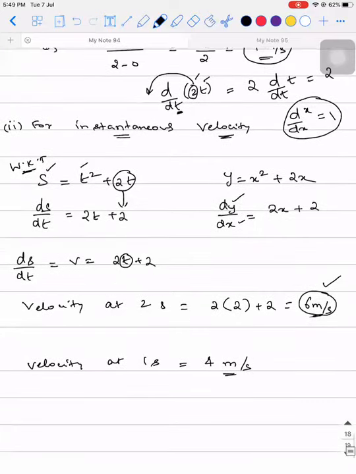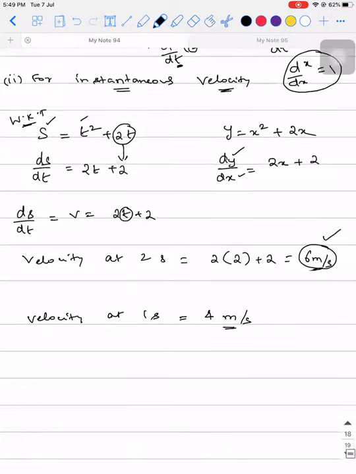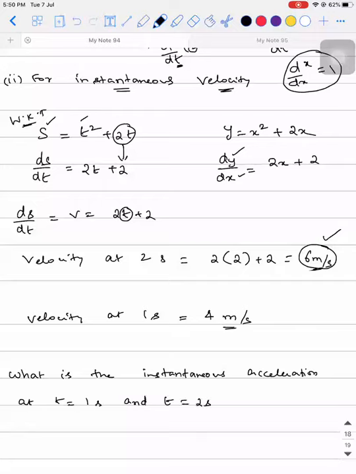Okay. So since you people have calculated the instantaneous velocity, can you try instantaneous acceleration? What is the instantaneous acceleration at t is equal to 1 second and t is equal to 2 seconds?